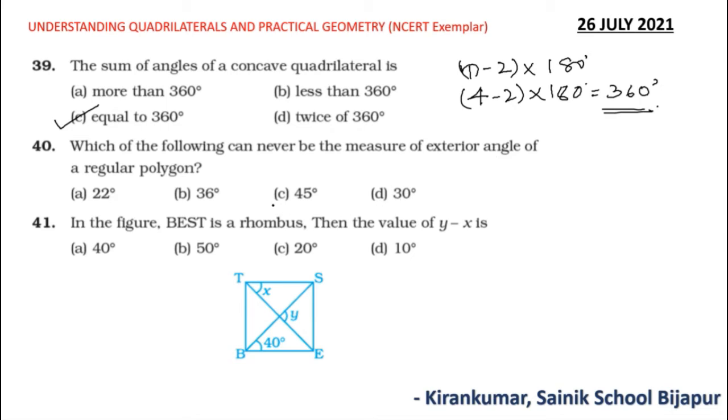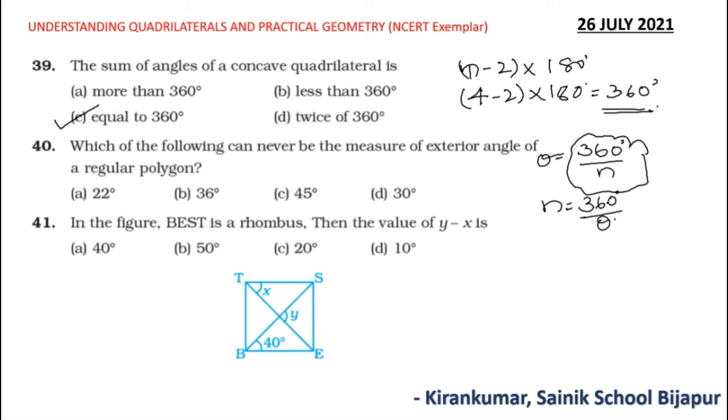Question number 40. Which of the following can never be the measure of exterior angle of a regular polygon? For a regular polygon, each exterior angle is given by 360 divided by the number of sides. This is a general formula. So when we consider the angle, the number of sides is 360 degree divided by the angle.